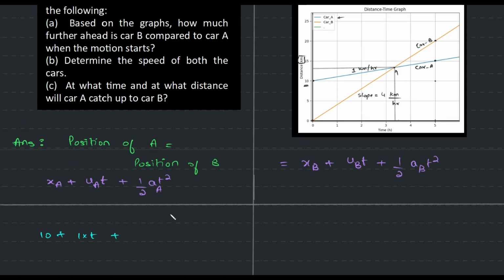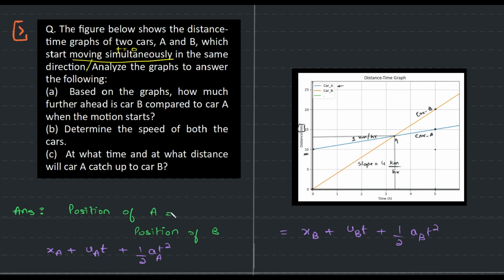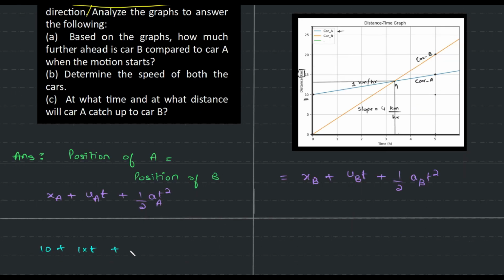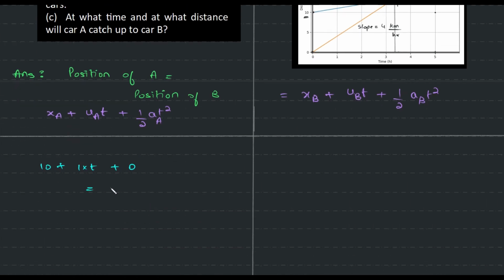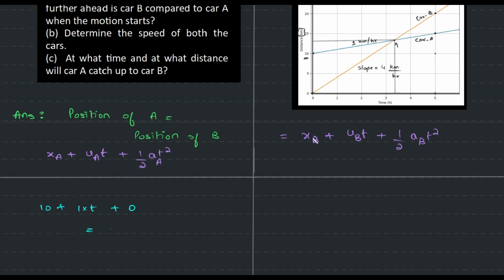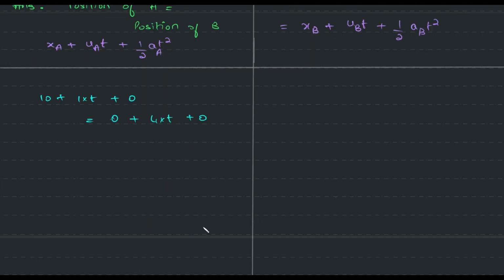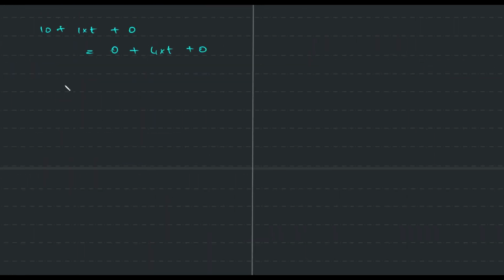And what about the acceleration? In a distance time graph, if you see a straight line, it means it's moving at uniform velocity, so acceleration is 0. What is the initial displacement of car B? It's starting from the origin, so this is 0 plus 4 into t plus 0. So we have time equal to 10 by 3, around 3.3 hours.